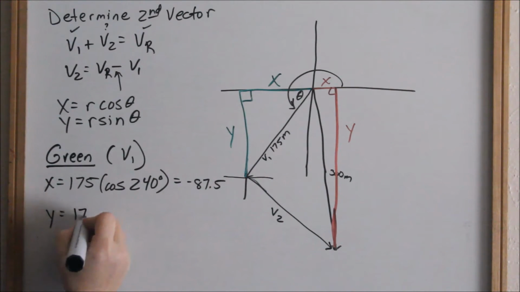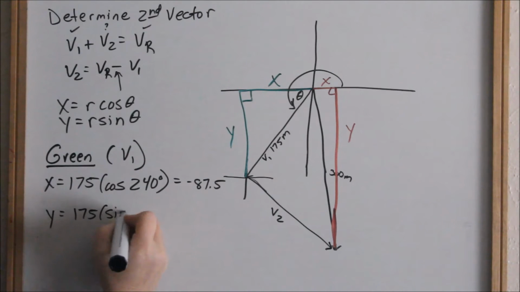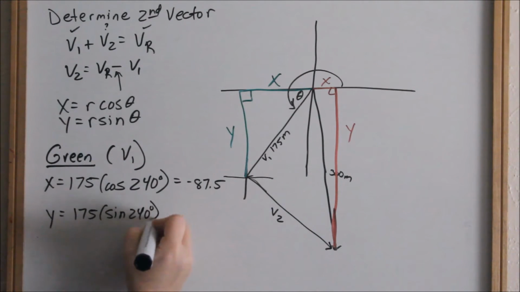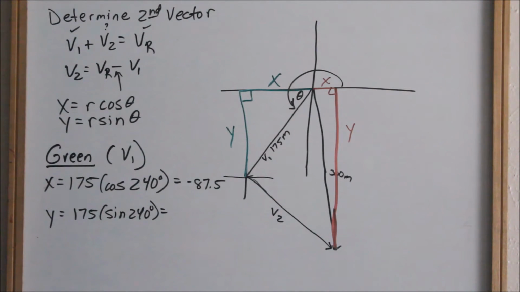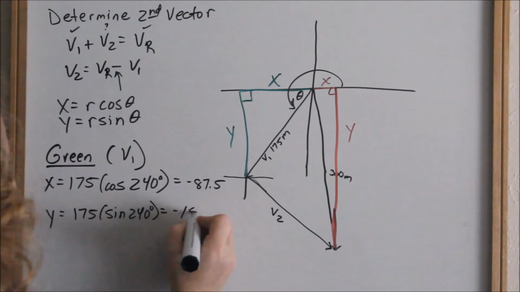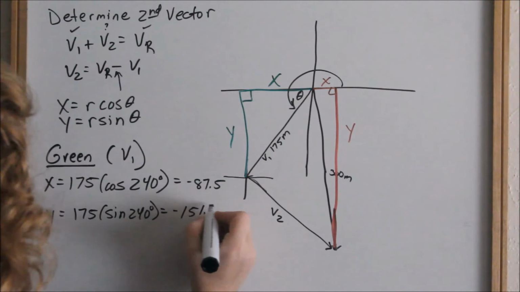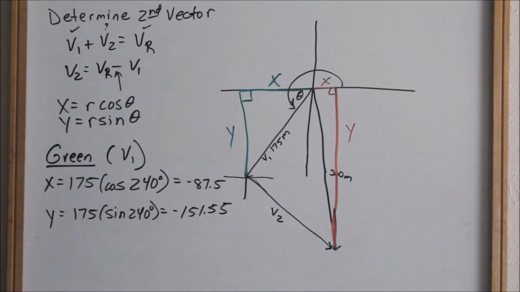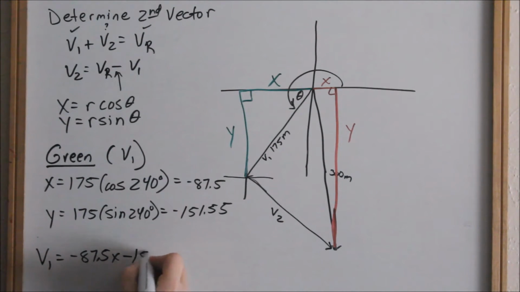Y is 175 times sine of 240 degrees, and that comes out to negative 151.55. So I'm going to rewrite this in the format that vector 1 is equal to, writing which way I went in the x direction, and I should have gone in a negative x direction and then a negative y direction. So I can rewrite my vector in that format.